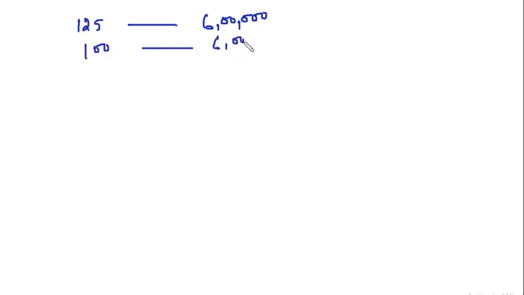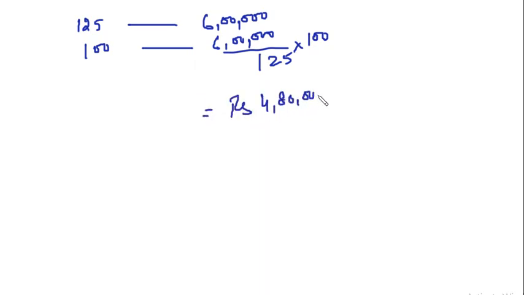Because the cost is 100, we have to calculate cost divided by 125 multiplied by 100. Very simple mathematics. Cost of revenue from operations, this comes to rupees 4,80,000. So you can calculate gross profit now.